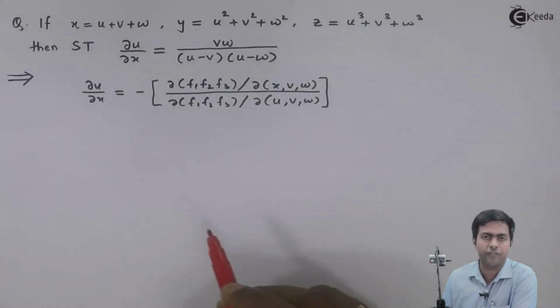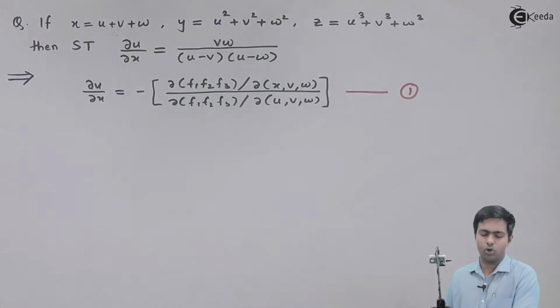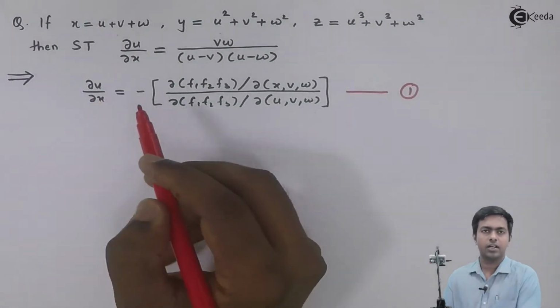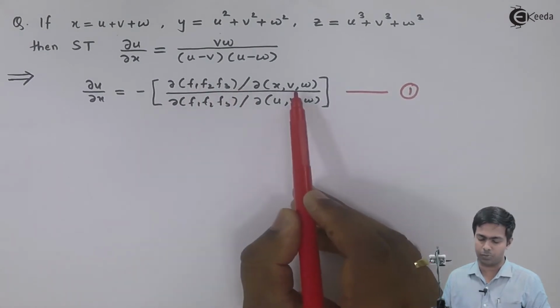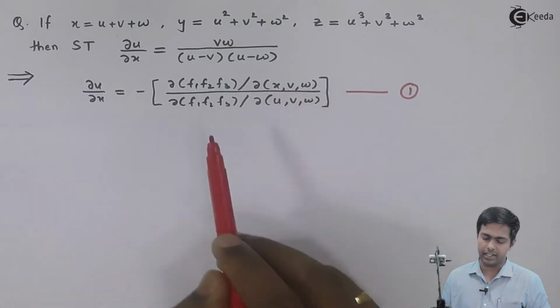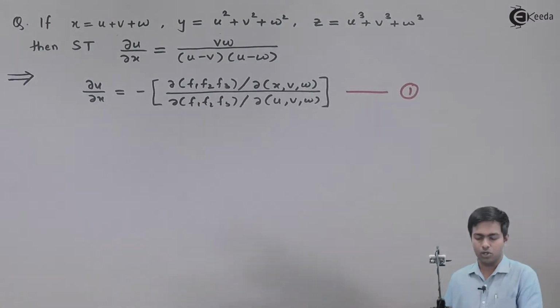Now before going further, I'll call this equation number 1. To get the value of ∂u/∂x, I first need to find the Jacobian of f1, f2, f3 with respect to x, v, w, and then the Jacobian of f1, f2, f3 with respect to u, v, w. So let's start.